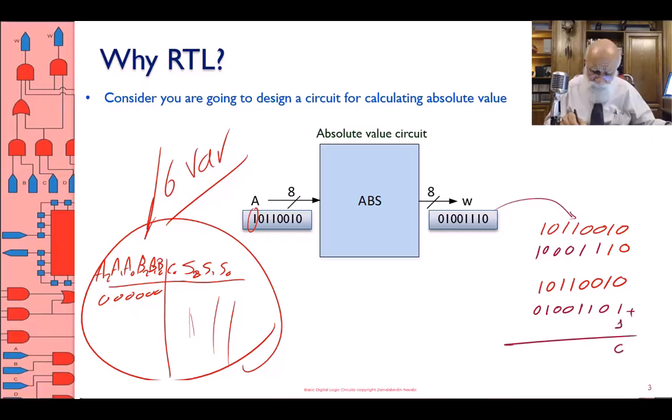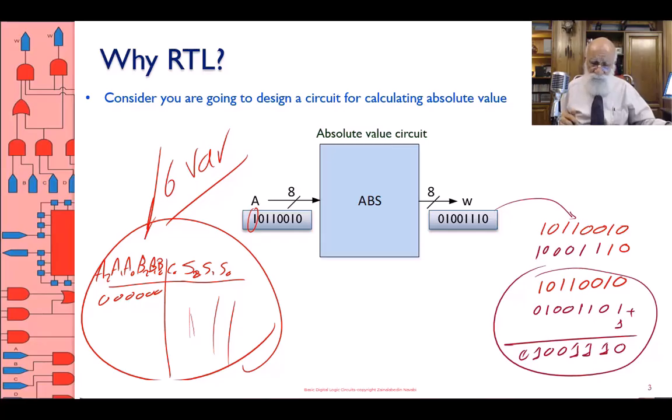So it becomes 0, 1, 1, 1, 0, 0, 1, 0. So you can do either, right? In any case, what is on the left, you complement it and add a 1 to it, you get what is on the right, which is the absolute value of the number on the left, on A.